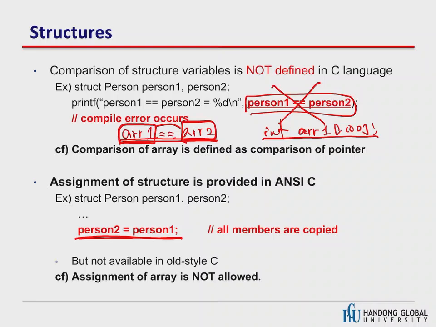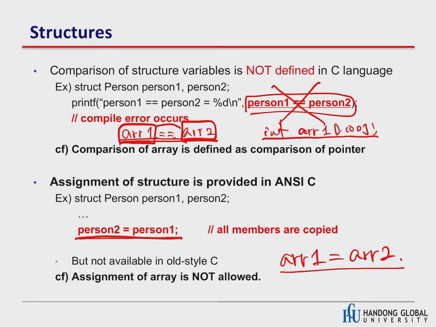And think about the assignment of arrays. array1 = array2 is not allowed. It is not legal. Why is that? array1 has memory space, and array2 has memory space too. They have their own memory space.